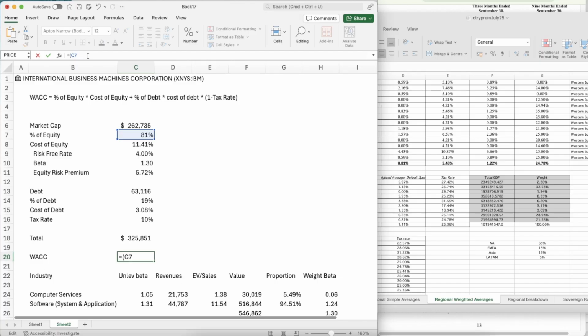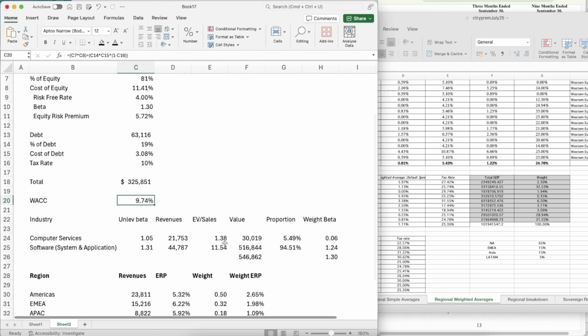Your WACC is your percentage of equity multiplied by your cost of equity, close these brackets, plus open bracket your percentage of debt multiplied by your cost of debt multiplied by 1 minus your tax rate, and double bracket at the end. And there we have it. Format it to 2 decimal places, a WACC of 9.74%.